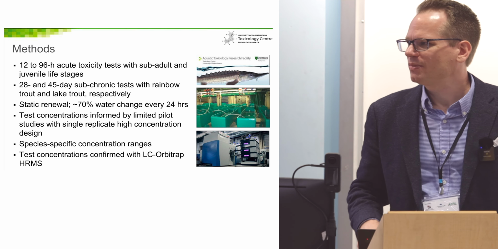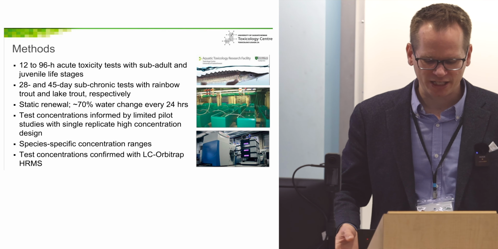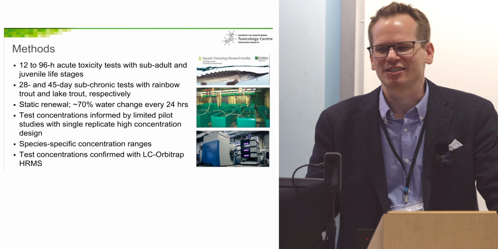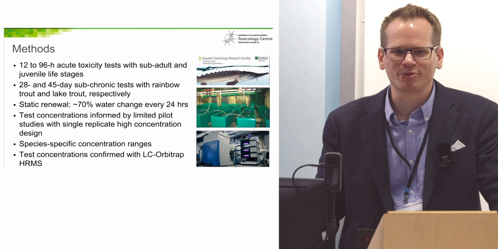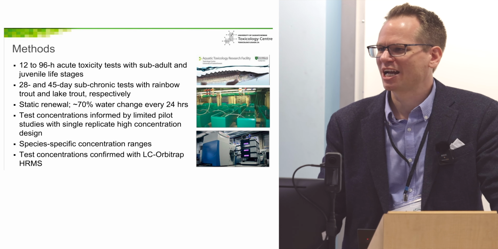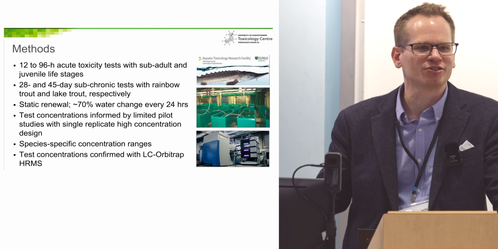We did confirm the concentrations that our fish were exposed to using similar types of methodologies that Ed was mentioning earlier, liquid chromatography with high-resolution mass spectrometry, really trying to track what happens with 6-ppd quinone over time. Does it decrease in concentration, and if so, how much, right? Just so that we get accurate LC50 values.